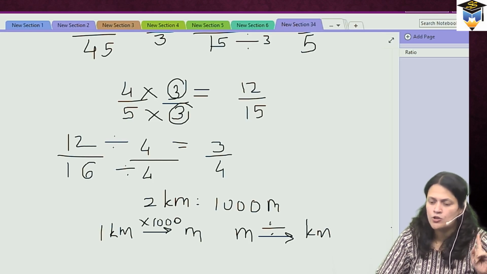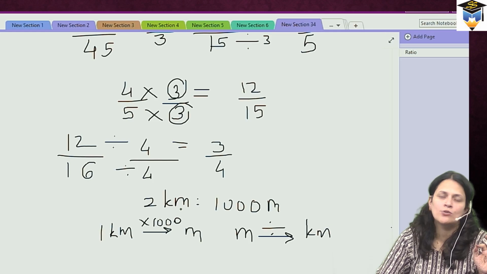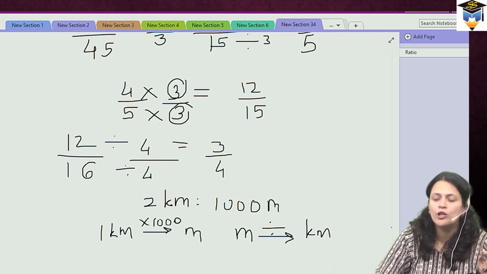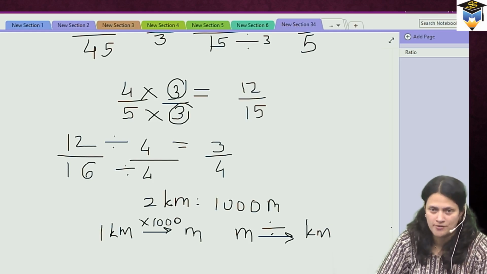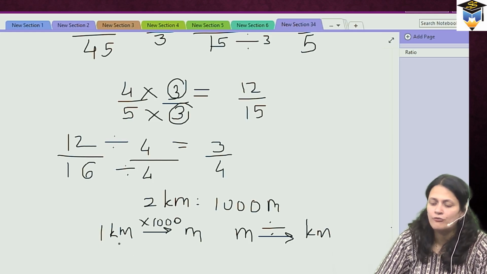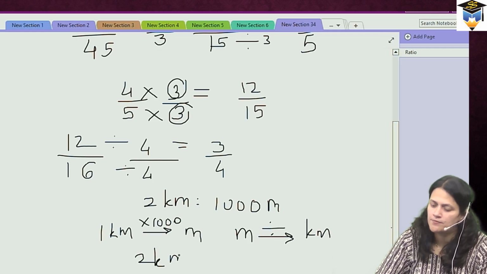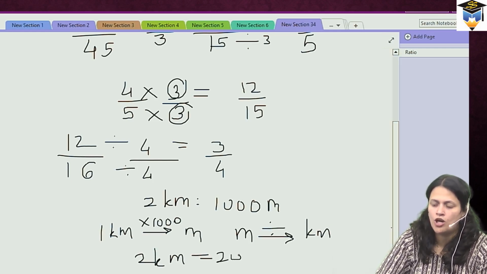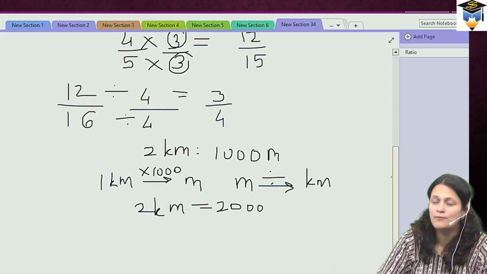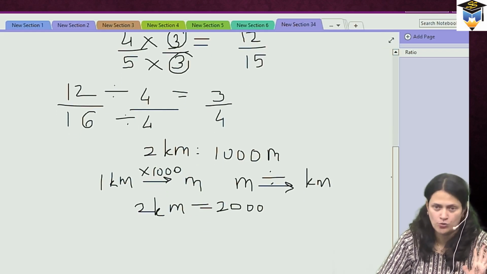Okay? So now here they have asked us to give a ratio of 2 kilometers is to 1000 meters. So now tell me, if 1 kilometer is equal to 1000 meters, what will be 2 kilometers? So always remember, both the units have to be in the same measure when you take a ratio.